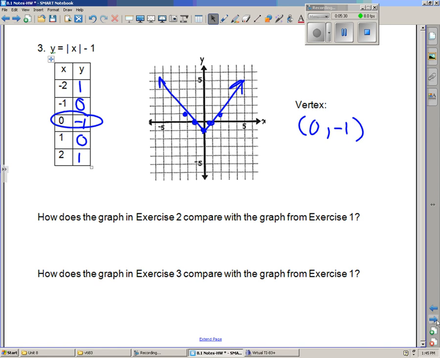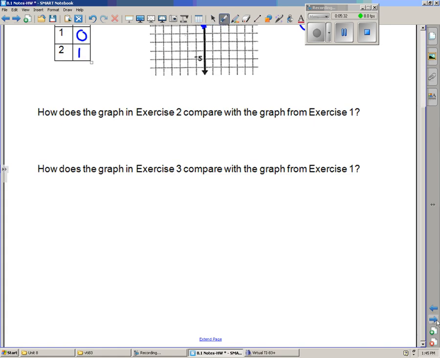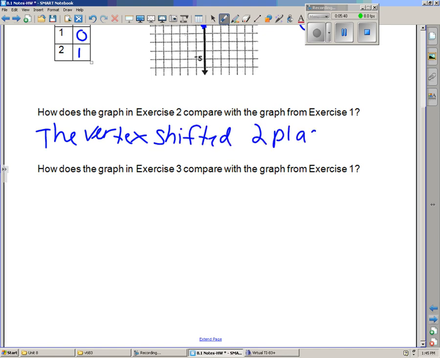So we're talking about some shifts here. The vertex shifted two places to the right, and the vertex shifted one place down.